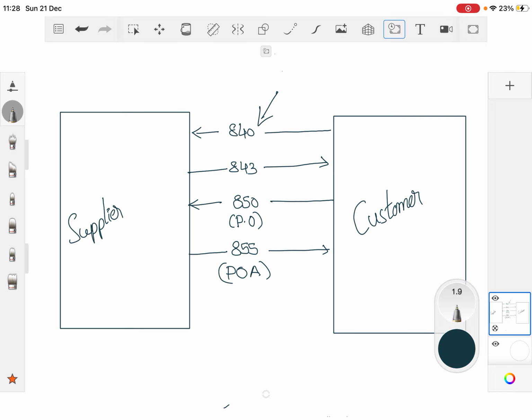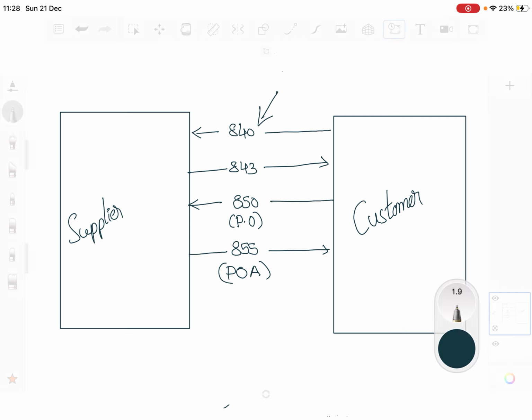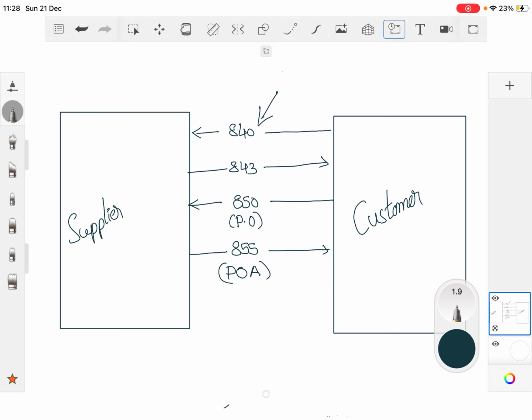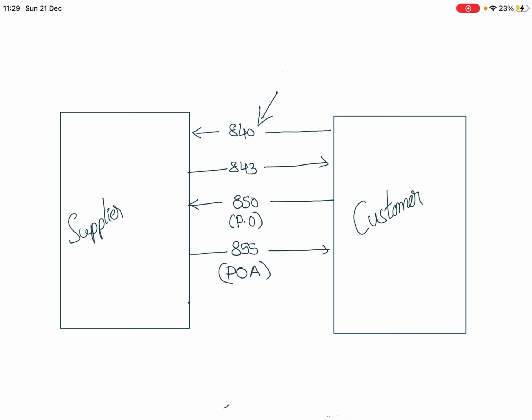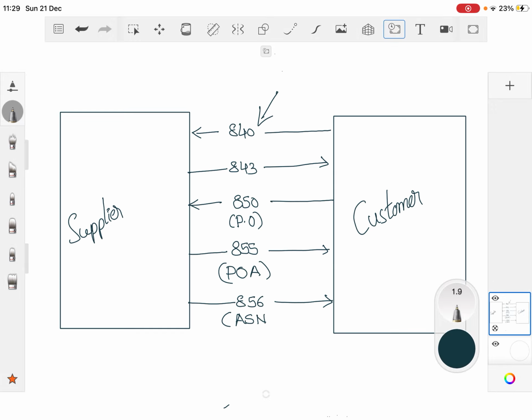In that process, once the 855 is sent to the customer, the supplier will create a delivery, do the pick and pack, post goods issue and all that. Once everything is completed, the supplier will send back an 856 to the customer. We call this an ASN, Advanced Shipment Notice. In the name itself you can see Advanced Shipment Notice. This says that whatever order 850 the customer has placed, it is now fulfilled, in the sense that the supplier shipped the goods the customer ordered.